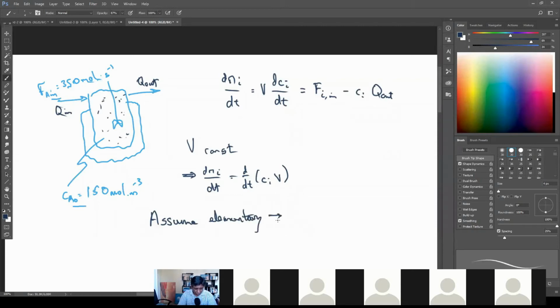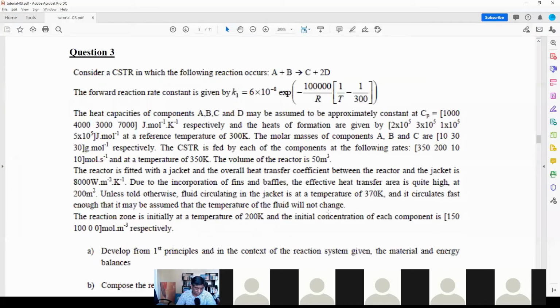And then you can say minus RA, so the rate of consumption of component A. Well, there are cases when you can assume it's elementary, but if you are given other information, you don't by default assume anything is elementary, right?